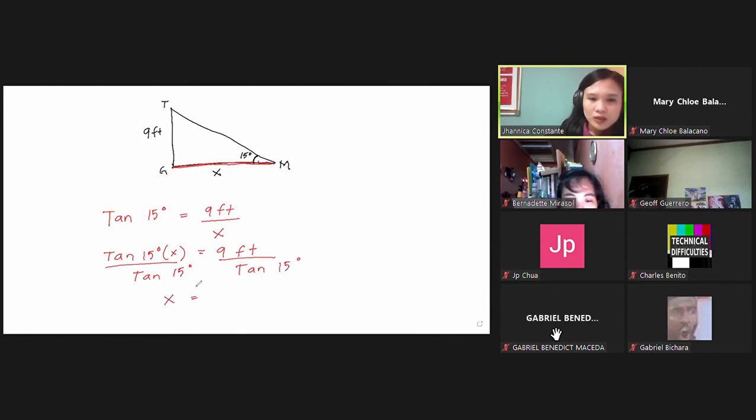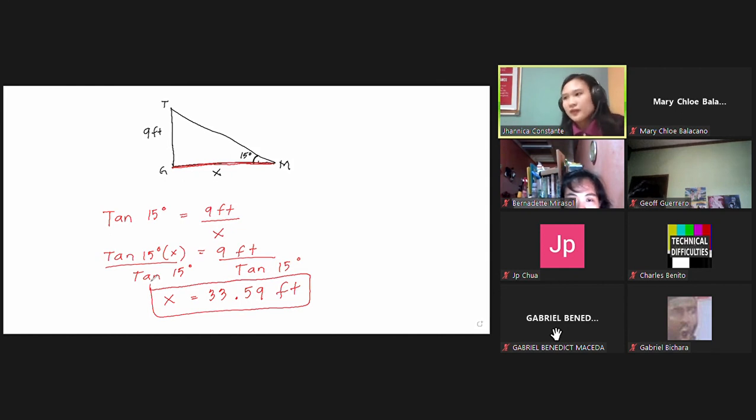So x, the distance between the tree and the person, is equal to 9 divided by tan 15 degrees, which is 33.59 feet. That's the distance between the tree and the person looking at it, given an angle of elevation of 15 degrees and a tree height of 9 feet.